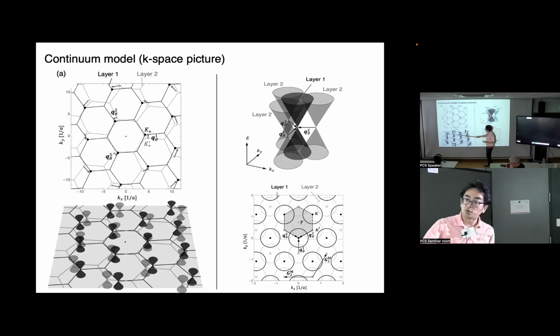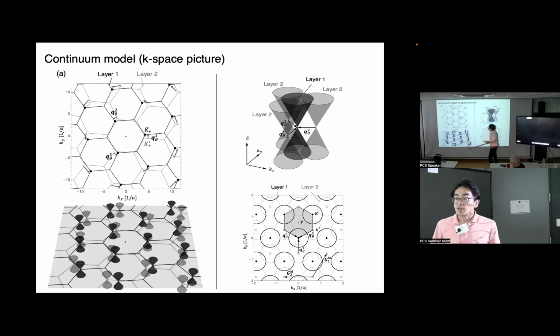For example, from here to here you have some intersection, and if you switch on the interlayer coupling, you open a small gap and get a hybridization. The point is that you have many shifts.